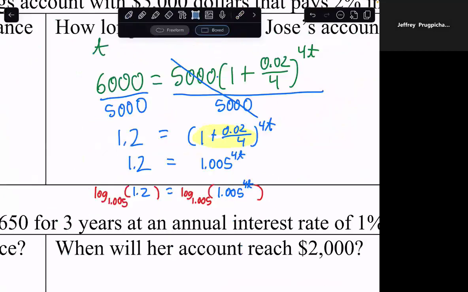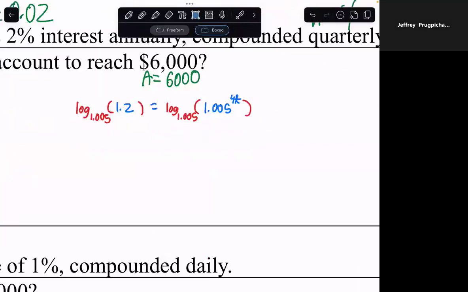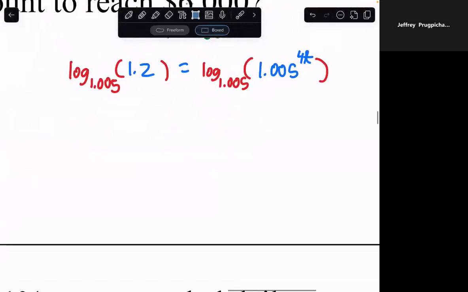Okay, I'm going to continue over here because I'm out of room. The left side cannot simplify. 1.2 is not a power of 1.005, so just leave that side alone for now.